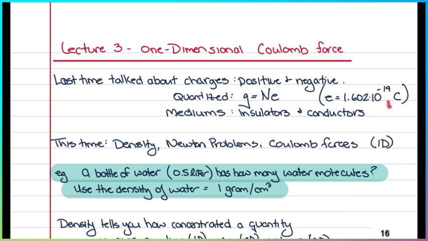It has a unit called a Coulomb, which seems like it might be connected to what we're going to talk about today. Indeed. And then we also talked about the mediums that charges can exist within, insulators and conductors, that we won't worry too much about today.